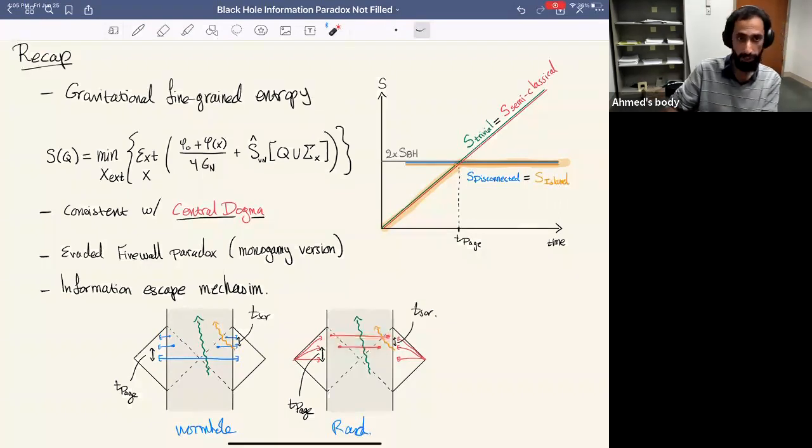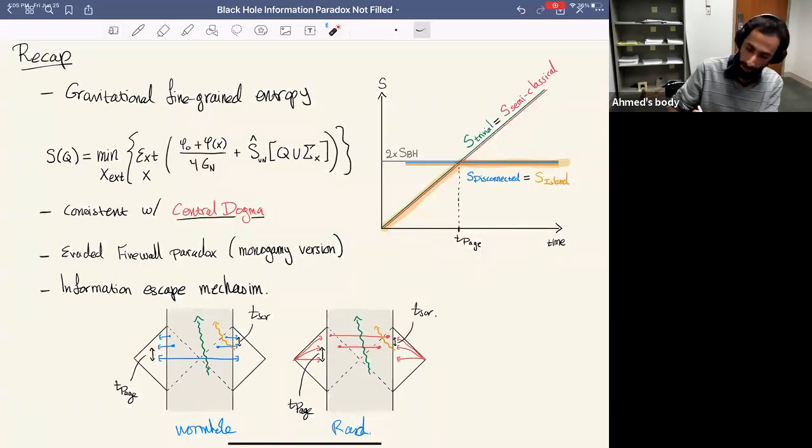The way that this allows information to escape is that if you had a particle deep in the wormhole, like this green particle here, then at the Page time, going from this time slice to this time slice, the particle is no longer part of the entanglement wedge of the wormhole, but is now part of the entanglement wedge of the radiation.